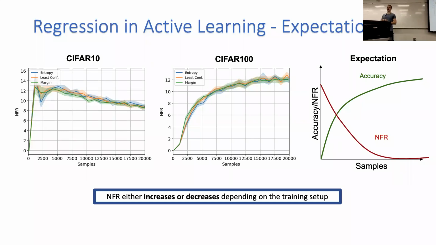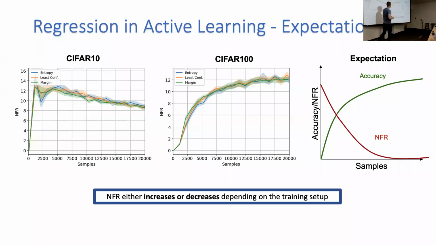You would expect the negative flip rate to reduce in that sense, right? You would expect that our model is better informed. That means it will consistently map samples correctly, right? And that they won't be flipping as much. In other words, as the accuracy goes up, right? So this is this green curve, the ones that I showed you earlier on, you'd expect the negative flip rate to drop over time, right? Over the size of the training set.